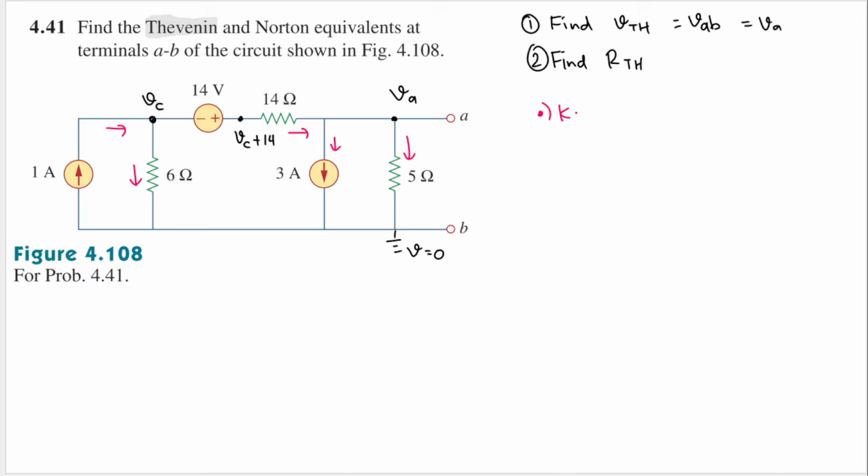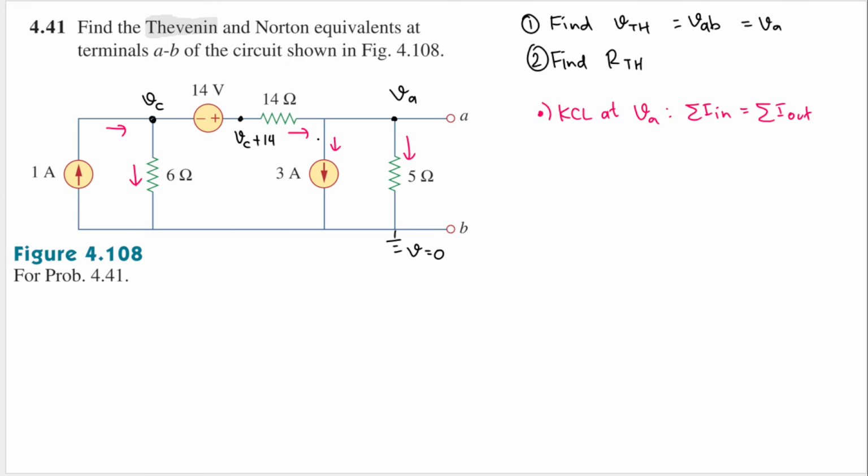So we will need to do KCL at VA. And remember that KCL says the sum of the currents that go in will equal the sum of the currents that go out. What is the current that goes in?